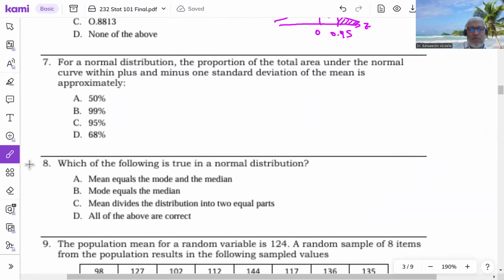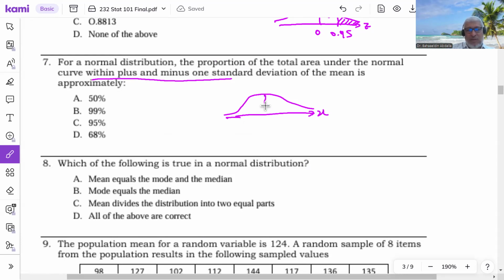For a normal distribution, the proportion of the total area under the normal curve within plus and minus 1 standard deviation of the mean is approximately. So we have a normal distribution, whether it's X or Z or whatever, he didn't say. The proportion of the total area under the normal curve within plus and minus 1 standard deviation. So he means plus or minus 1 standard deviation.